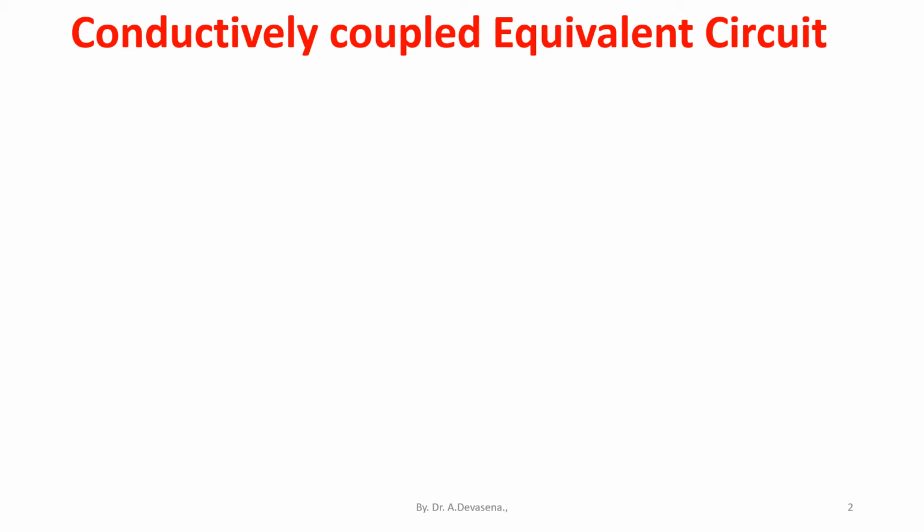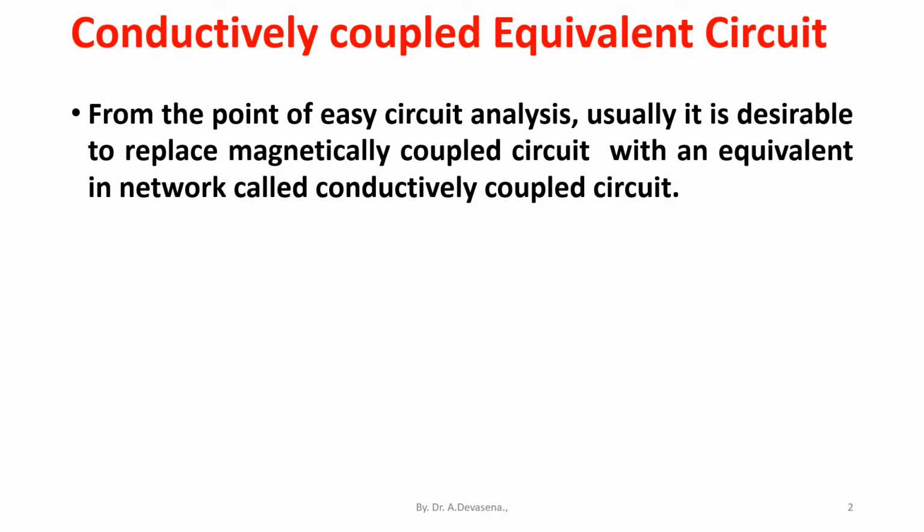Conductively coupled equivalent circuit. From the point of view of AC circuit analysis, it is usually desirable to replace a magnetically coupled circuit with an equivalent network called a conductively coupled circuit.